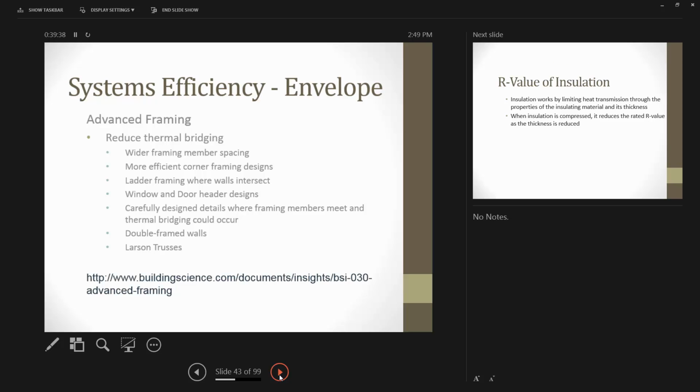We talked about advanced framing. One of the books that I recommended, and I think we talked about it last week, is climate zone specific: Builder's Guide to Cold Climate, Builder's Guide to Mixed Humid Climates. They have an incredible wealth of details in them, not just in how to build, but how to insulate existing details.